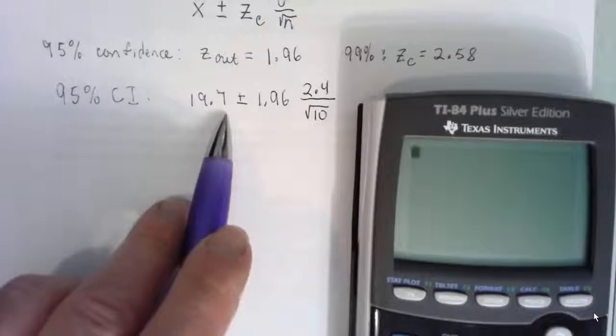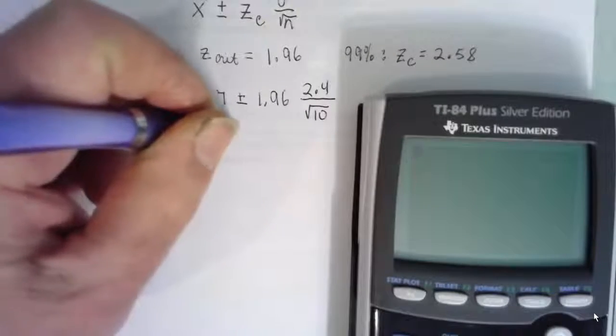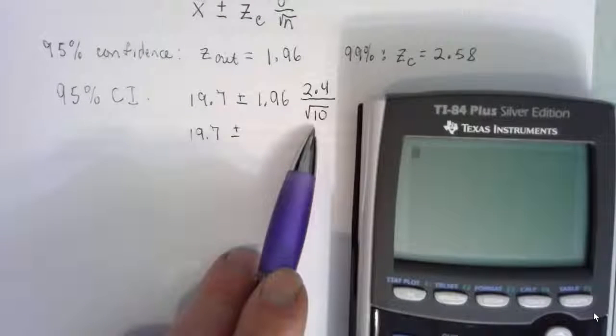19.7 is the sample mean or the point estimate. The part that we add and subtract is called the margin of error. Let's compute that first.